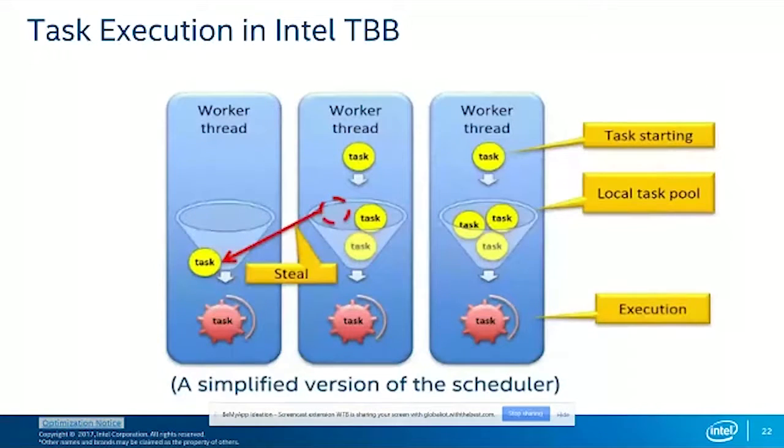That means that if I have more CPU cores, TBB internally can help me schedule my tasks onto more CPU cores. So from my application itself, I don't need to care about how the tasks are scheduled.